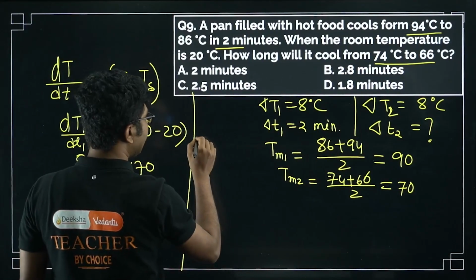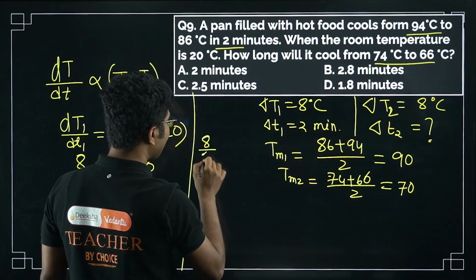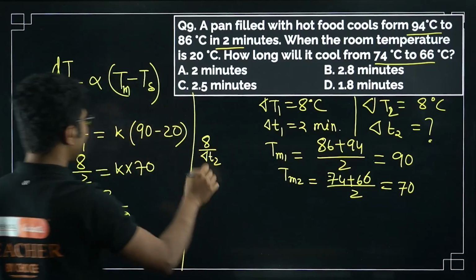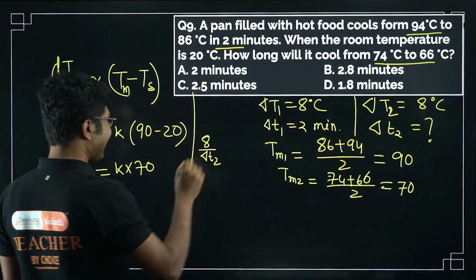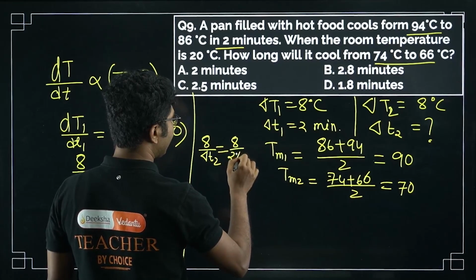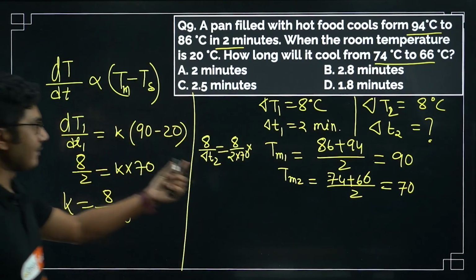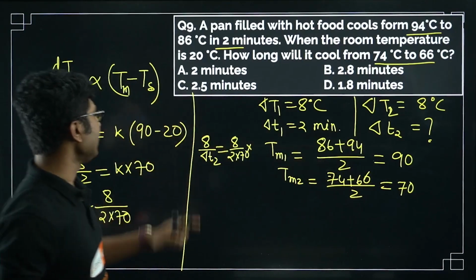So dT2 divided by delta t2, which we are trying to find, equals k, which is 8 by 2 into 70, into the difference in temperature. So 70 minus 20 is 50.